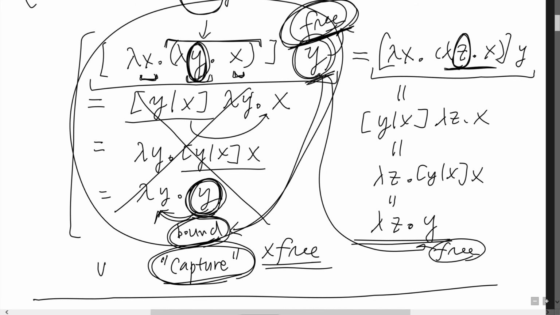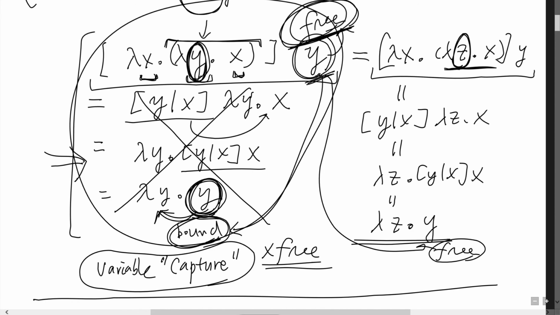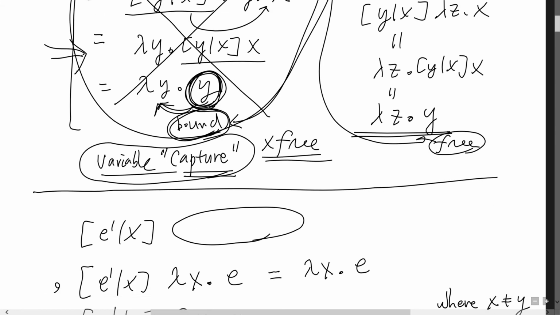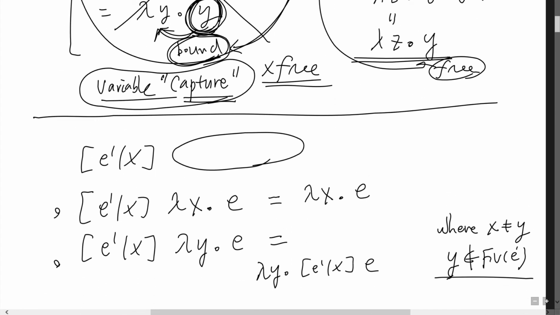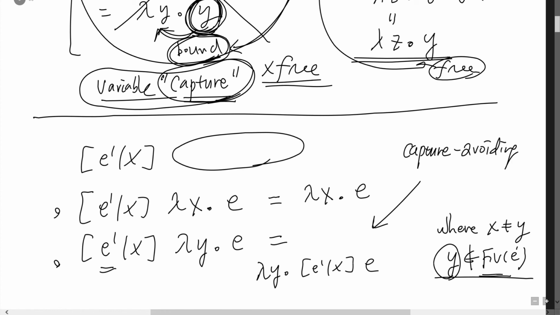So in order to avoid this bad variable capture, we require that this variable y is not a free variable in the expression E prime. So in this way, we avoid this phenomenon called capture. So this substitution is called capture avoiding substitution.